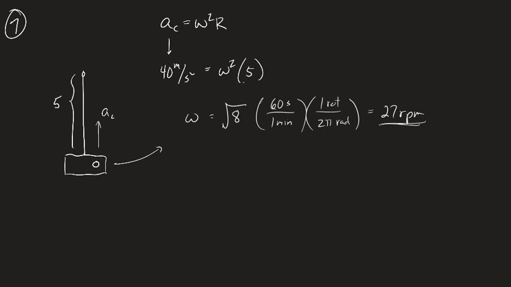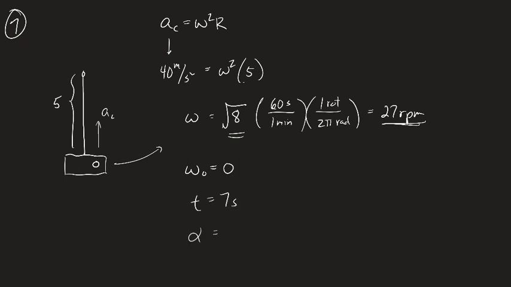If the ride can get up to speed in 7 seconds, what is the angular acceleration of the ride itself? I'm going to use the radians per second for my next part. And I'm going to assume that the initial velocity was 0, time was 7 seconds, and I'm interested in alpha.